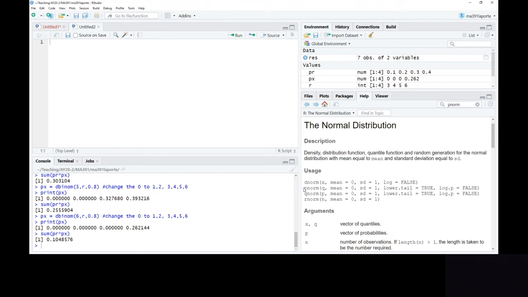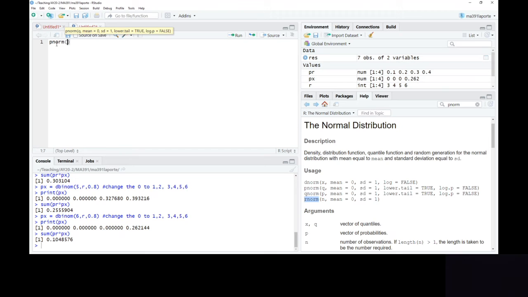In general, we're going to use pnorm, qnorm, and rnorm for different things. Today's lesson, we'll use pnorm and qnorm. So in this case, we're going to use pnorm and look and see what it has up there.